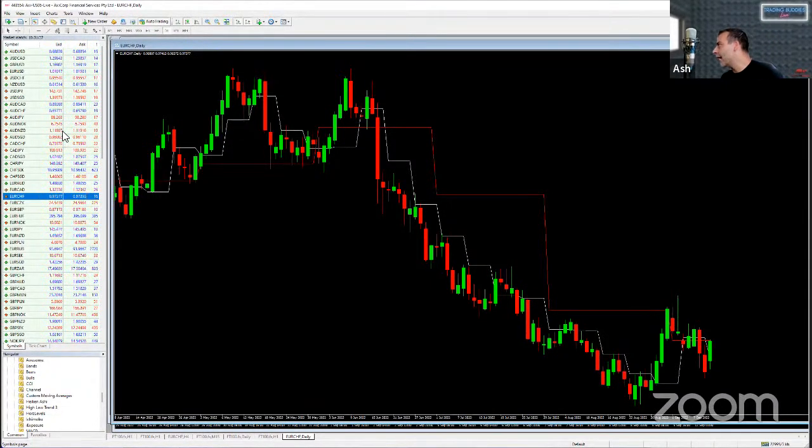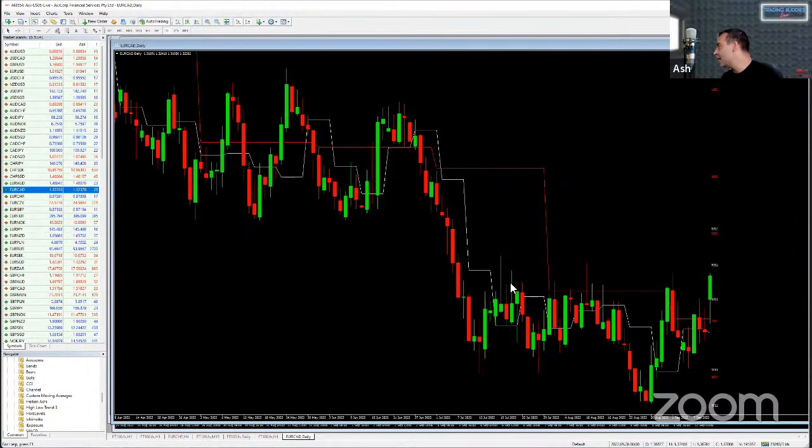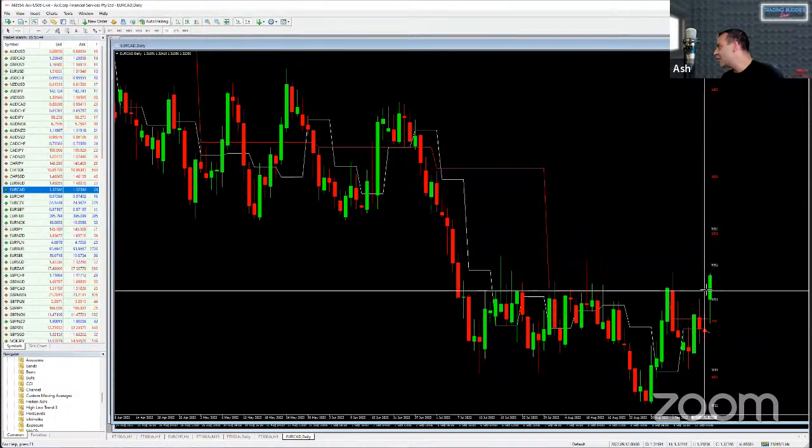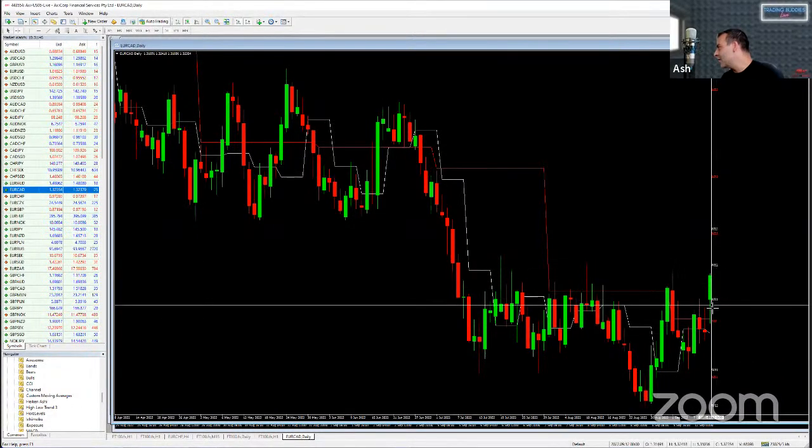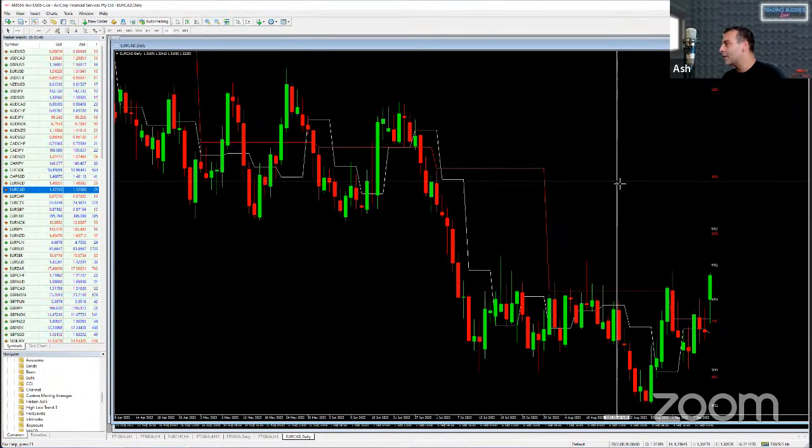I don't know what the euro CAD looks like. It's a while since we've said that. Yeah, absolutely is. And look at the euro CAD. I mean, look at the euro generally. Nice gaps up. This is a positive start to the week for the euro.